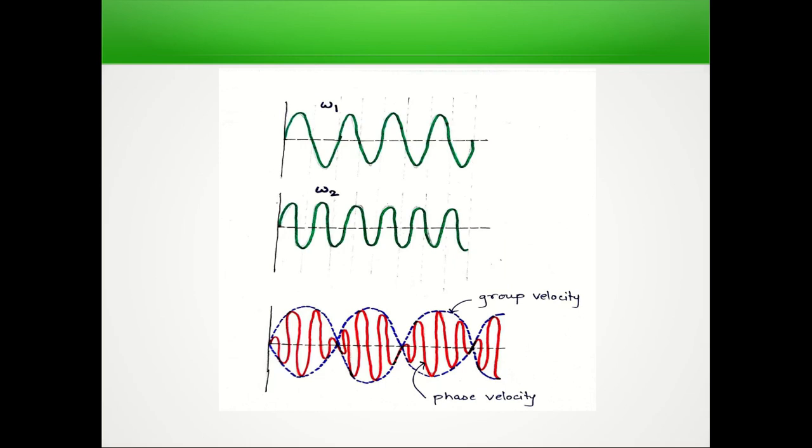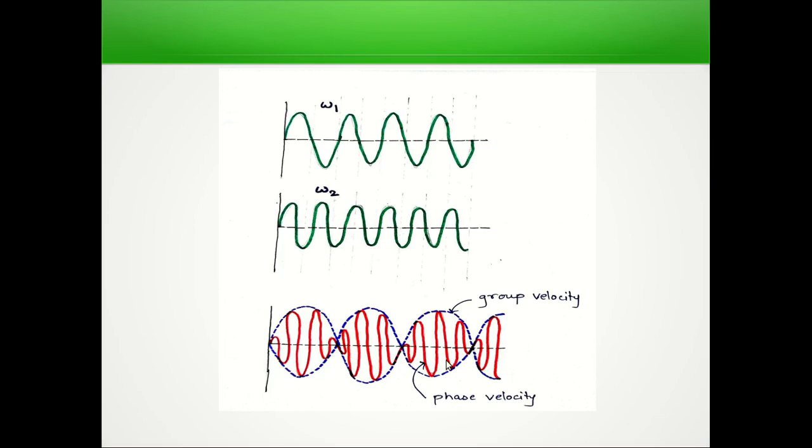Now, as we have seen earlier, when we combine two waves with different frequencies, omega 1 and omega 2, we get a certain beat pattern. In this beat pattern also, the movement of the individual wave, denoted in red color, is different, whereas the propagation of the resultant wave, denoted by this blue envelope, is different.